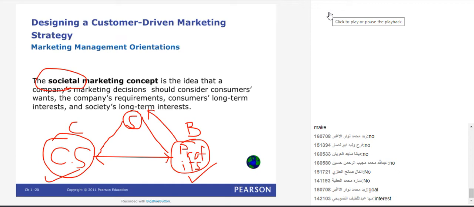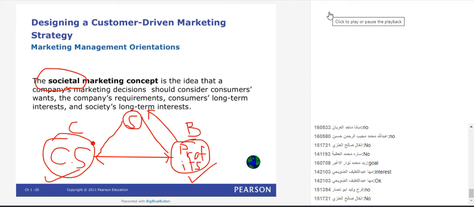Okay, we have many examples about socially responsible business. Have you heard about Pampers, the baby diapers? For every pack bought from Pampers, we will provide one vaccine for children in Africa. Have you ever heard about this? No?